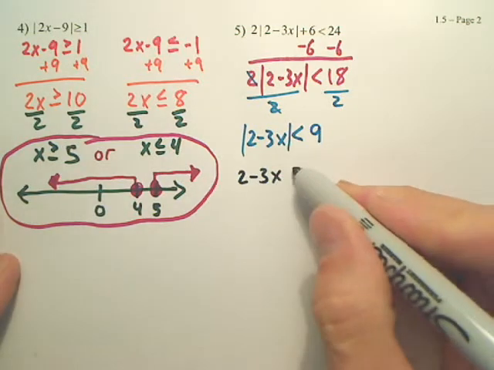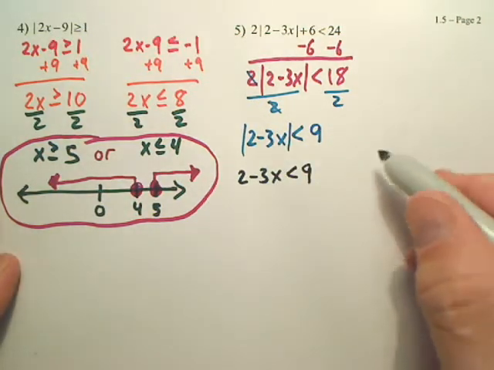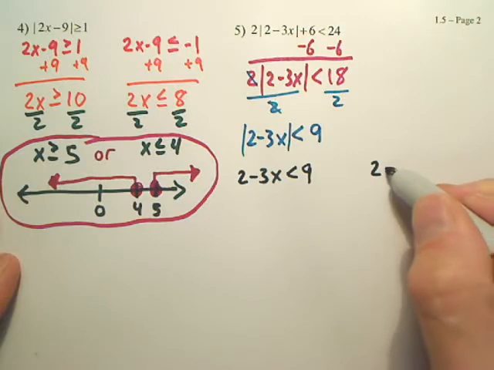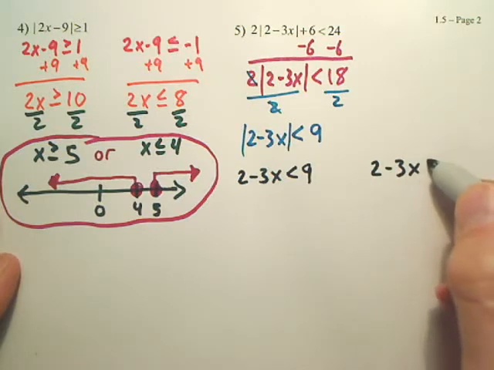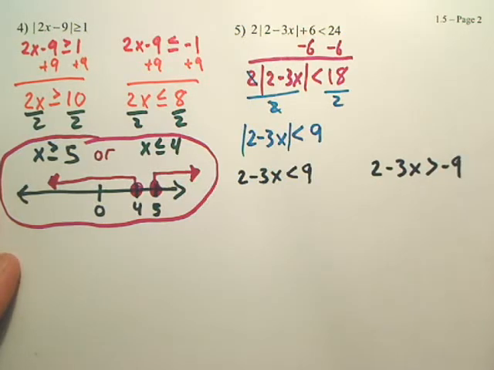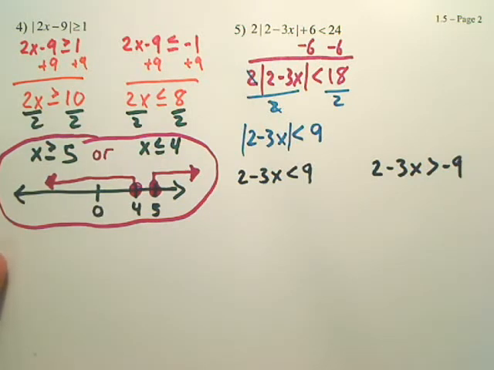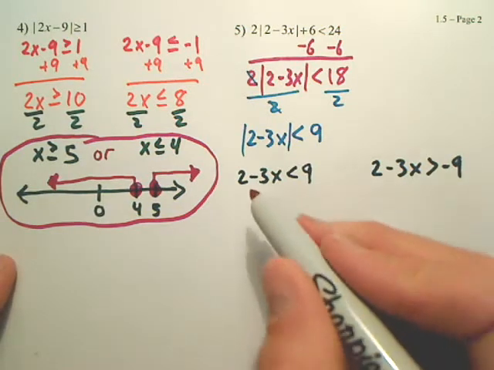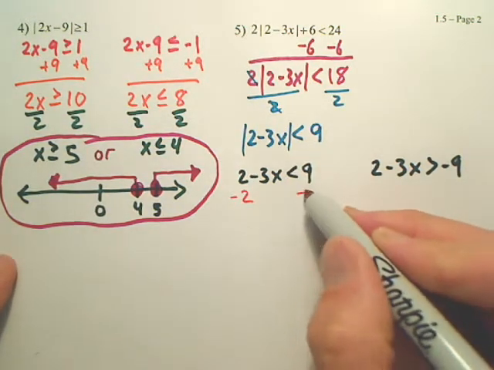2 minus 3x is less than 9 is our original. Our other one is going to be 2 minus 3x is greater than negative 9. And we're going to solve each of these, just like we did here. So we subtract the 2.